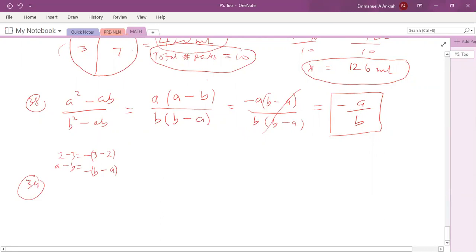Now for 39, that one will be good to summarize in the diagram form. It says a rectangular room A has an area of 400 feet. So rectangular room, so draw a rectangle, diagram form. Let's call the width and length. The area here is 400 feet squared. Then there's a similar rectangle.